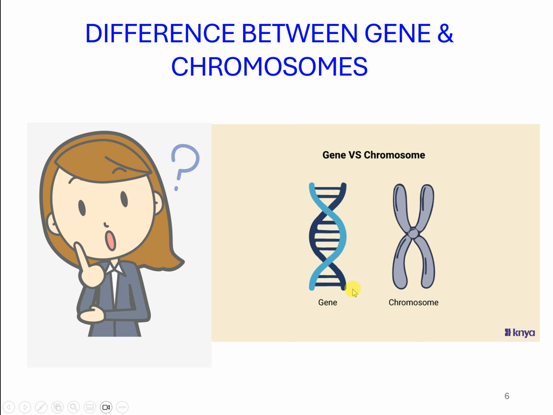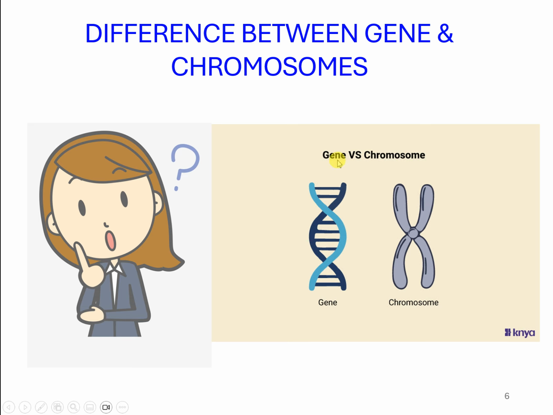We can see two pictures here: one is the structure of a gene and one is the structure of a chromosome. A gene is only a molecule of DNA that has some important nucleotides, and these nucleotides give us the information on the type of protein that is going to be made by the cell.